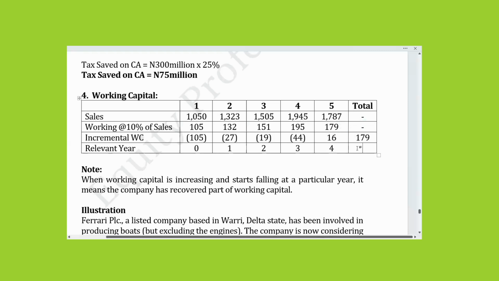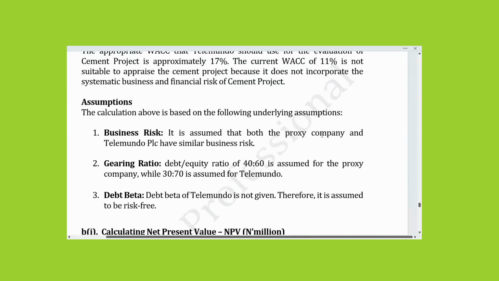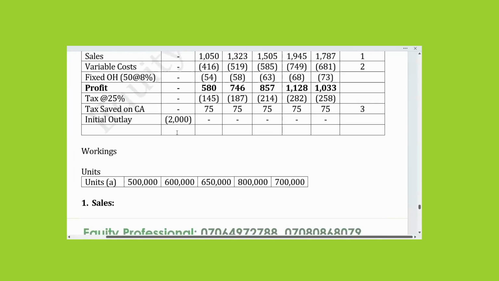Then in year 5, the balance of 179 will be recovered. So this is what I'm going to post for year 0 up to year 5. I'll then go to my table of NPV, working capital. This is working number 4.